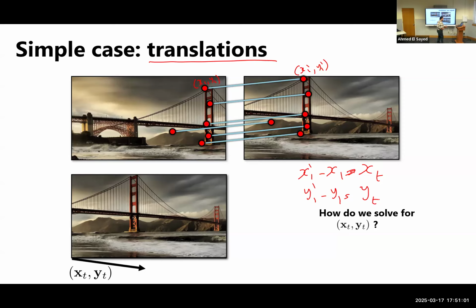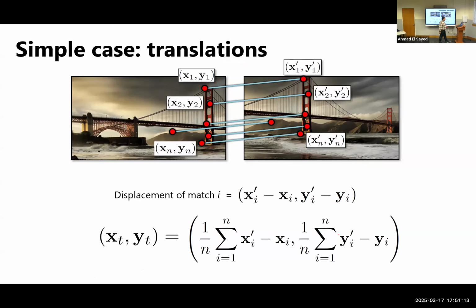Okay. So in this case, we have two values I'm looking for, but I have many points that can satisfy or can be used to solve the problem. So in that case, I will try to take the difference for each one of them, then I will take the average.